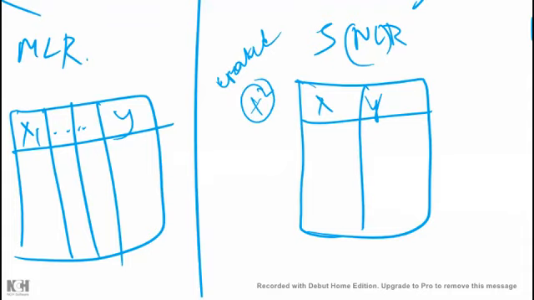Whereas in multiple non-linear regression, we have X1 and so on up to multiple input variables. For each variable, we are going to create X1 square, X2 square, X3 square, so on up to Xn square. Square terms, cube terms, we are going to create, and we apply the linear regression over that.